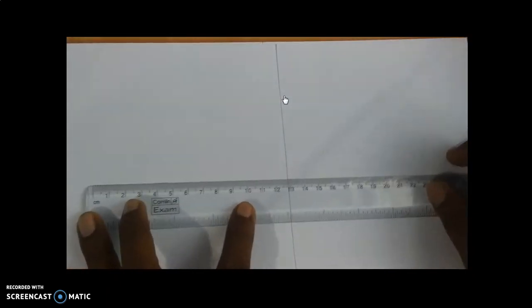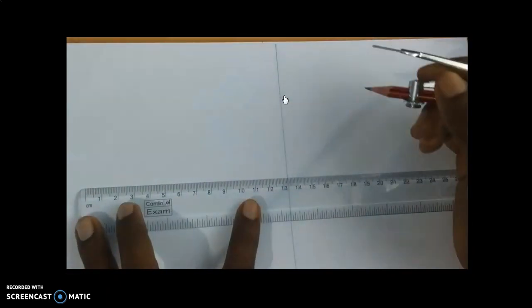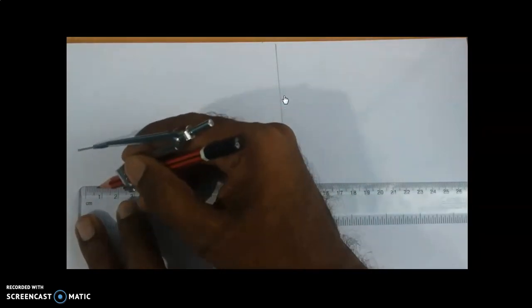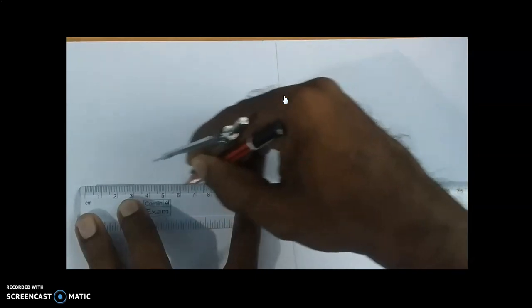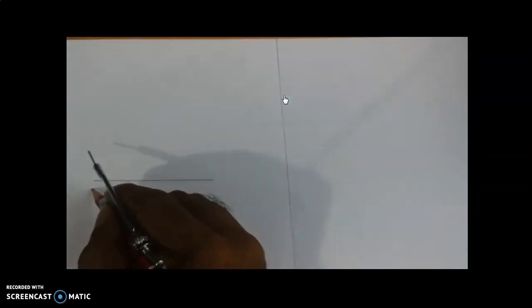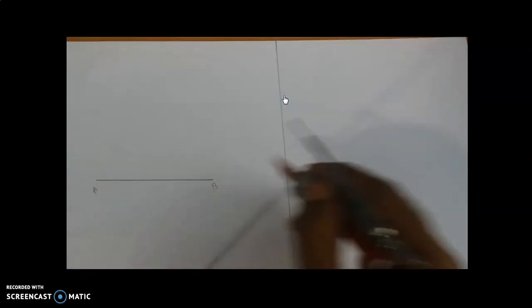Now I am going to construct a 60 degree angle without a protractor. So how can we construct it? First draw a base line of any measurement. Let us take this as A and this one as B here. And we know how to draw an equilateral triangle.